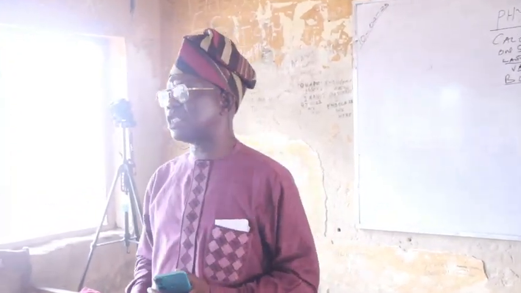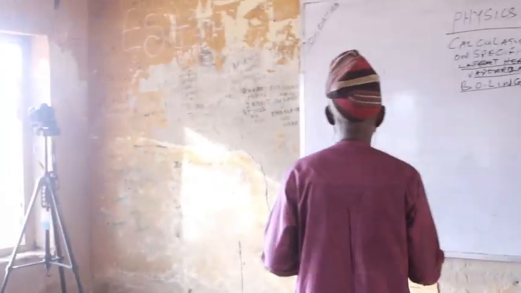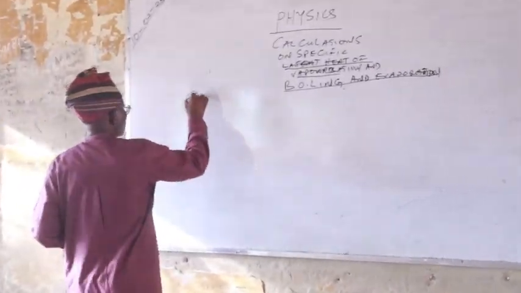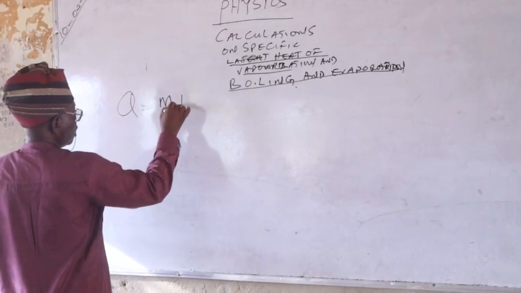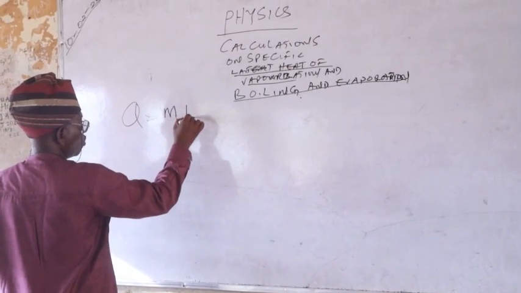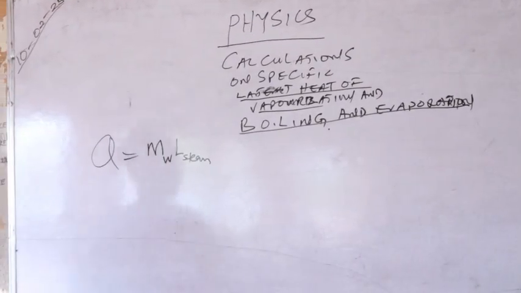And you are told that the quantity of heat required, in other words, the quantity of heat lost by the steam to condense to water, can be calculated by using, this is just a reminder, Q equals mass of water times specific latent heat of steam.